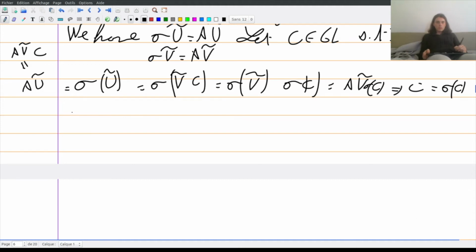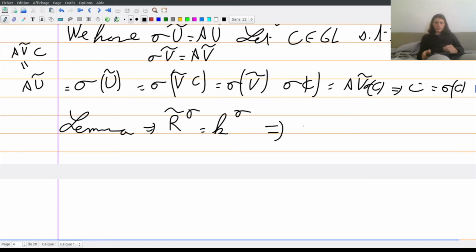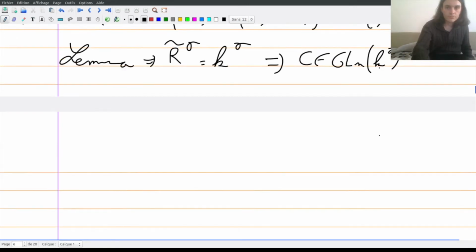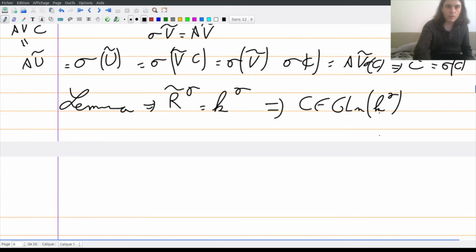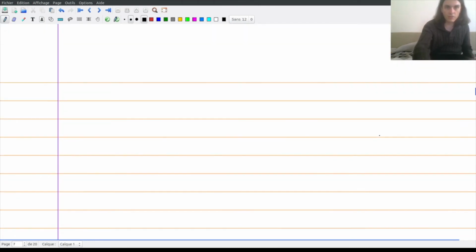So by the lemma, the constants of R tilde are the same as the constants of K. So it implies that C has coefficients in the sigma constants. Remember that I have assumed that K sigma is algebraically closed.